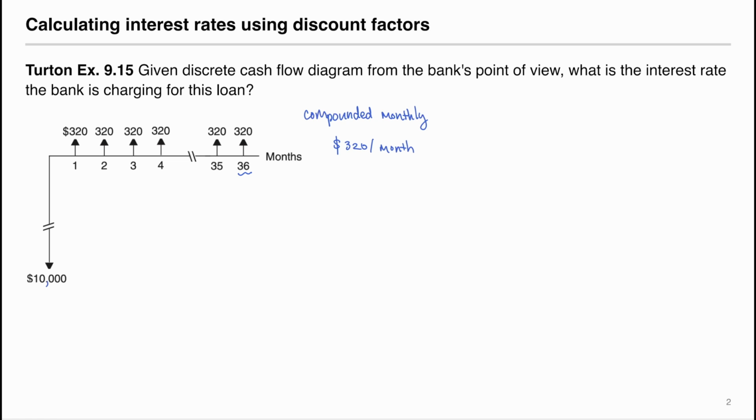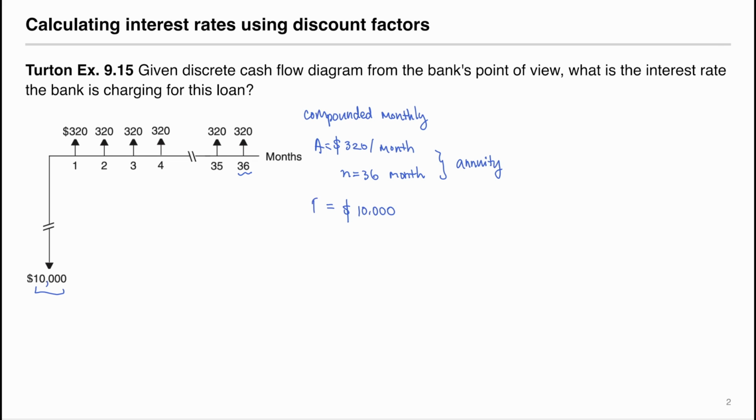Because it is consecutive and n equals 36 months, this gives us this annuity, A equals 320. And then the initial loan that the bank gave was 10,000.